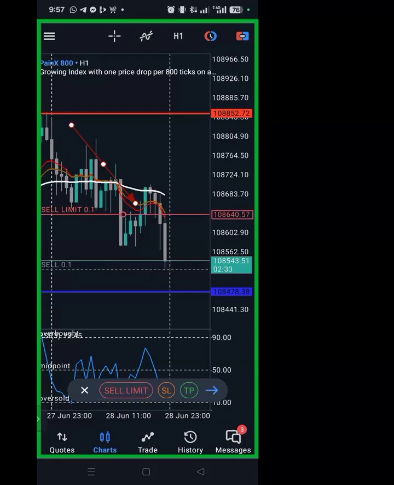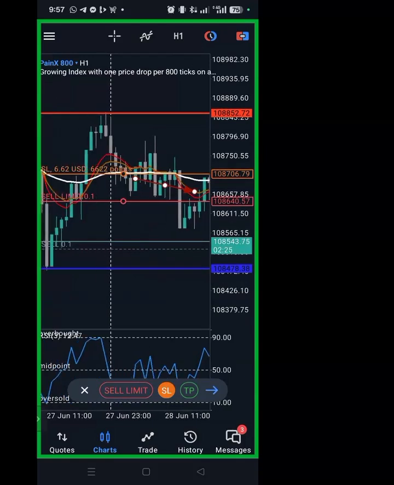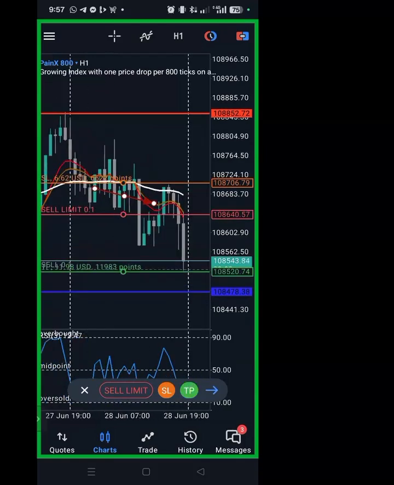I would have put my stop loss somewhere here, where I'll be risking $6.62. Then my take profit, I'll be making like $18 to $15.7. You see, the risk to reward is a good one.